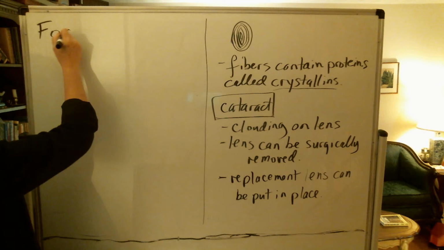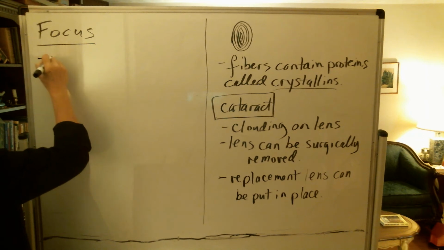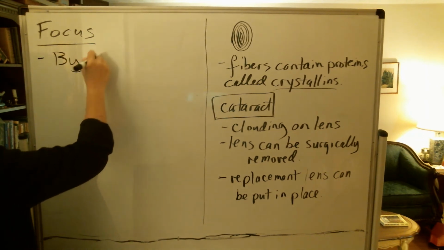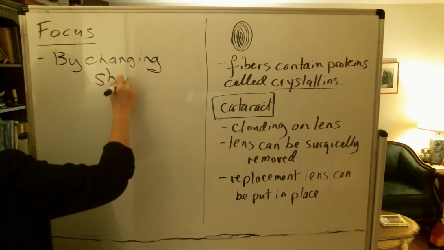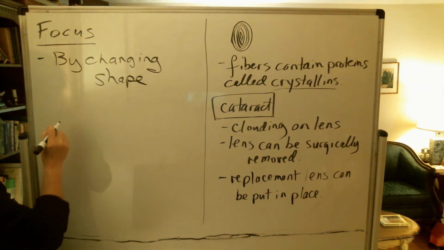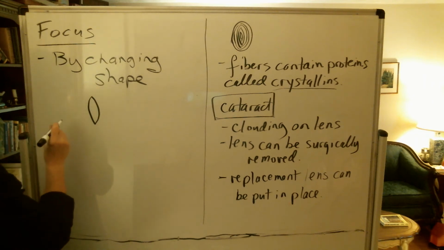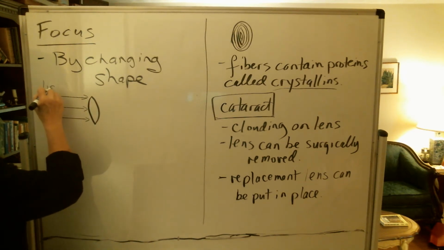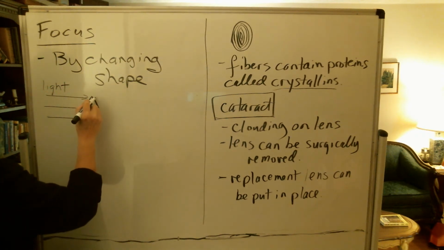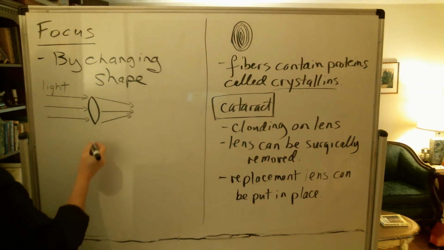So focus, then. The way that the eye lens focuses, then, is by changing shape. Here's how that works. If you have a biconvex lens as light goes in, so here we have light. As light goes in, it gets bent, like so.